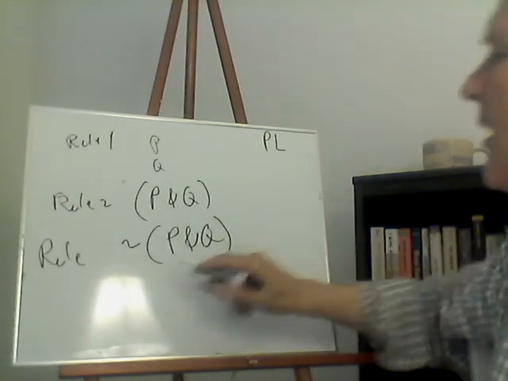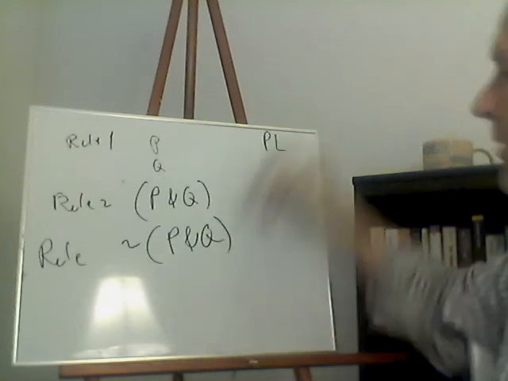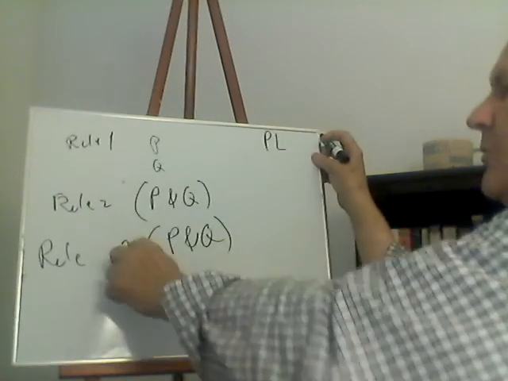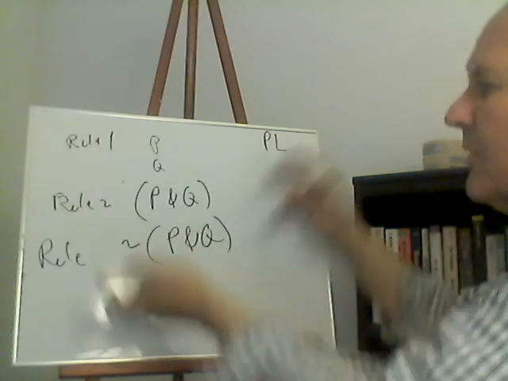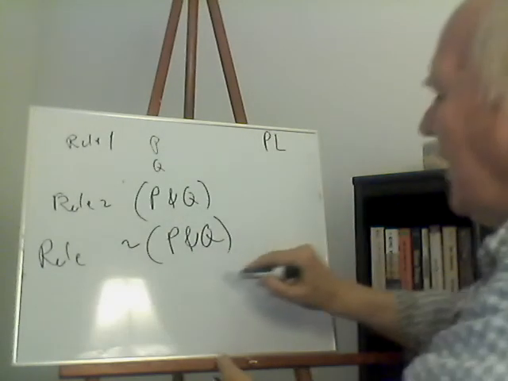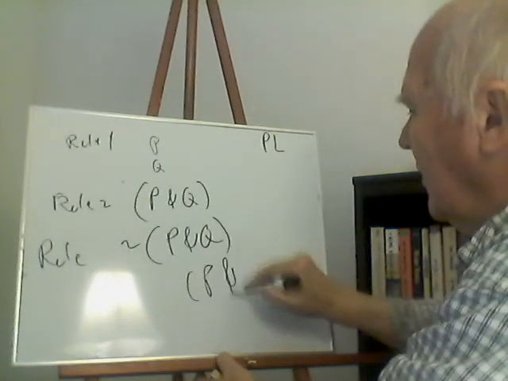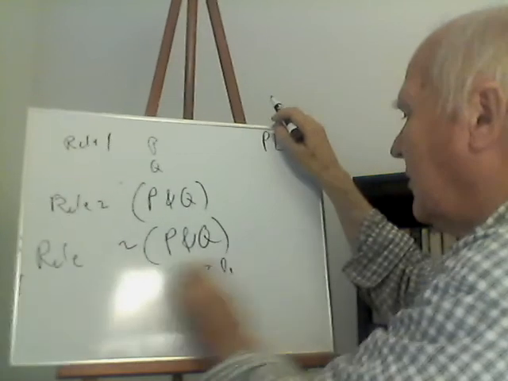Now, let's say I'm going to negate this whole sentence here. Then I keep the parentheses, because if I'm going to negate it, I've got to keep them. But let's say I have P and Q, and I'm all finished.